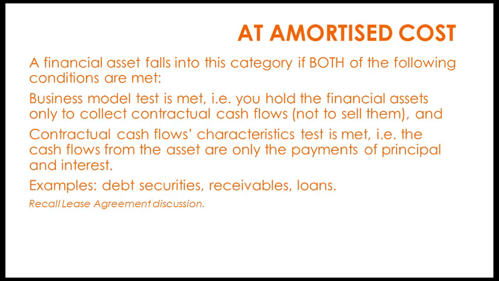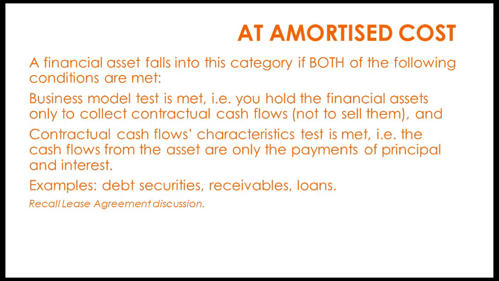And then the next one, the contractual cash flow characteristics test. The cash flows from the asset are only the payments of principal and interest. So plainly, your intention is to have an investment and receive payments in the form of either principal and interest.